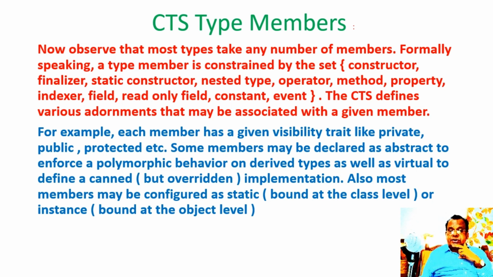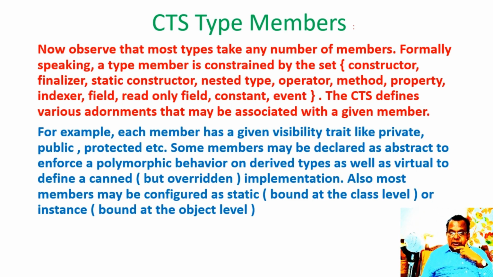Formally speaking, a type member is constrained by the set within curly braces: constructor, finalizer, static constructor, nested type, operator, method, property, indexer, field, read-only field, constant, event. That much.